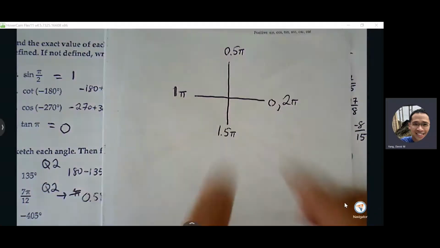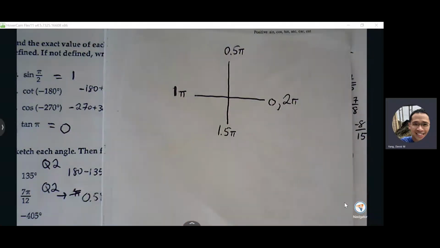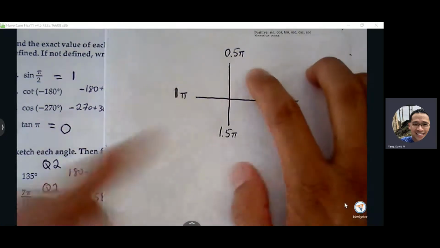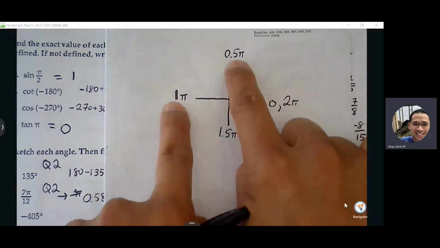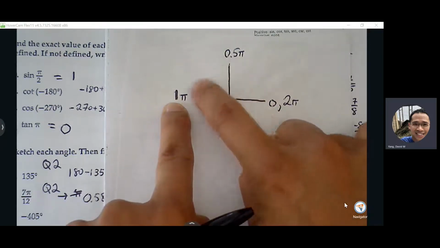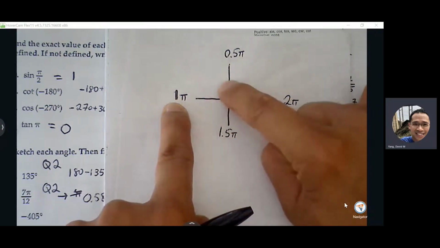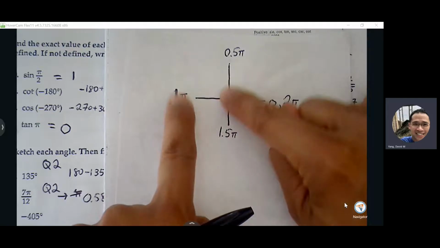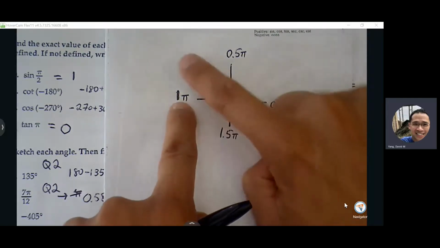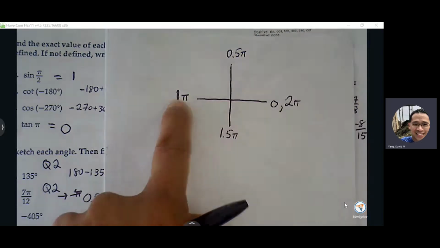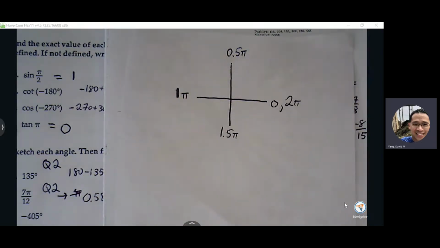You only have to worry about finding reference angle if you're in the second, third, or fourth quadrant. So if that fractional value is between 0.5 and 1, you know you're in the second quadrant. In the second quadrant, you're going to be subtracting from pi, so pi minus that measure, and your reference angle will be between 0 and pi over 2.